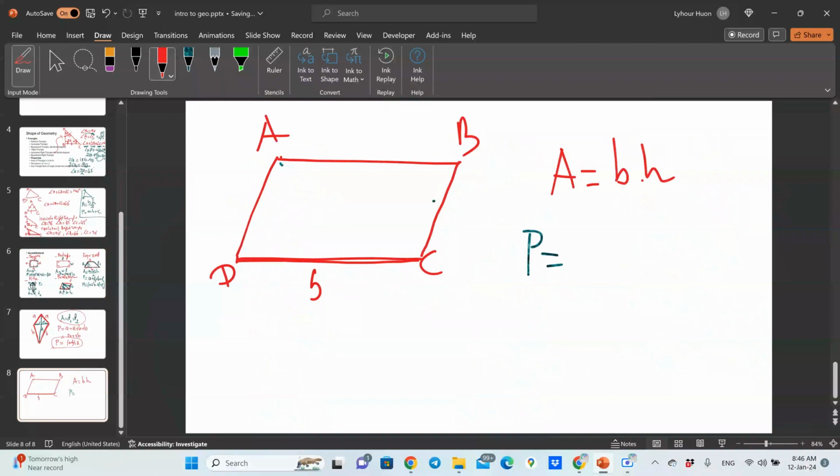So for the parallelogram, what are the relationships between DC and AB? They're parallel and equal.